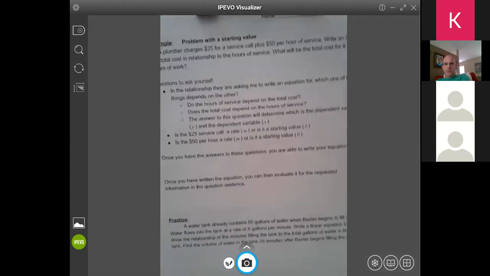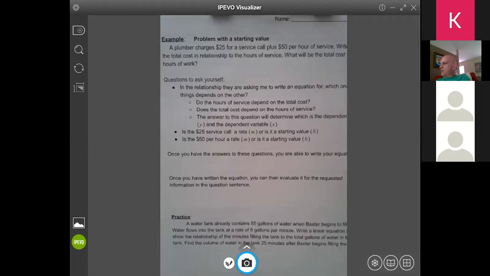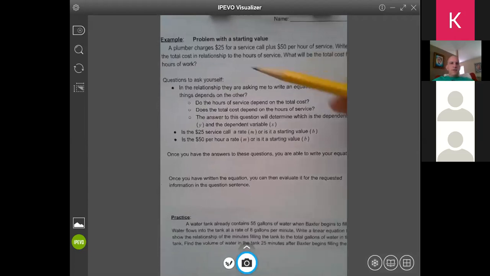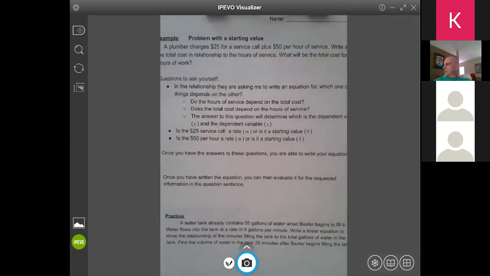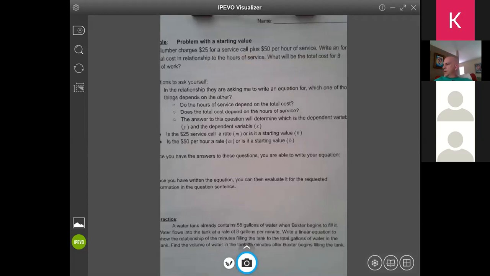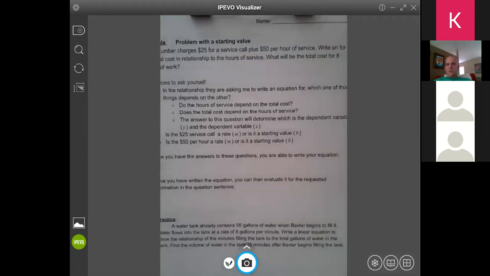So let me just get to that. So in this problem, all right, it says a plumber charges $25 for a service call plus $50 per hour of service. All right, it says, it should say write an equation. Sorry, it doesn't say equation in there. It should say equation in there.